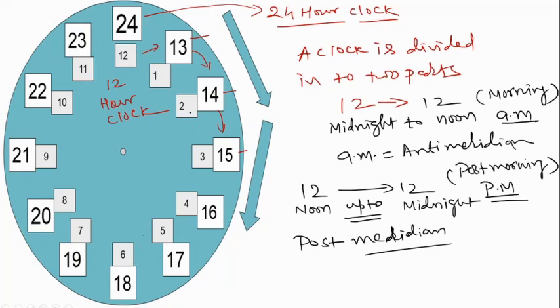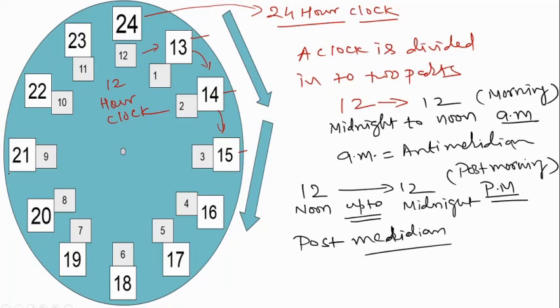So you can generally see that after 12, we read 13, 14, and so on. Similarly, suppose someone asks you, what is 9 o'clock in the night? Immediately you may remember that 9 represents 21. So it is 21 hours in the 24-hour clock. It will be clearer in the next figure how we can write it.